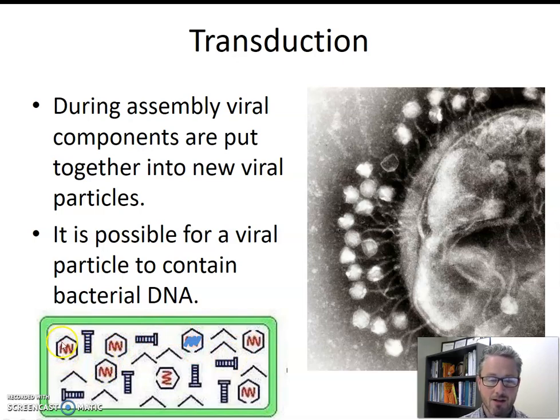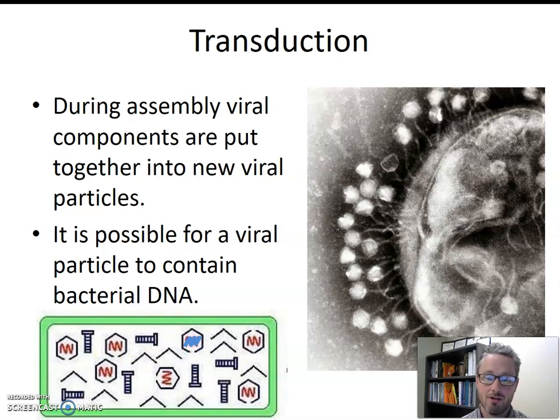The capsid should contain this piece of viral genetic material. But this capsid here, instead of containing viral genetic material, contains bacterial genetic material. And that explains how we can get a virus that contains bacterial DNA instead of, or in addition to, viral genetic material.